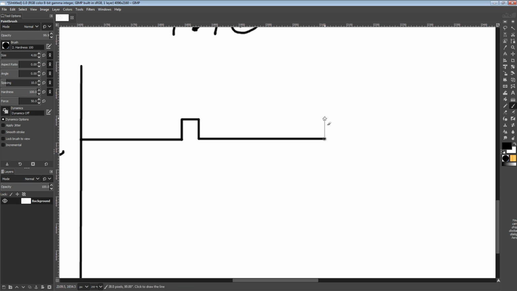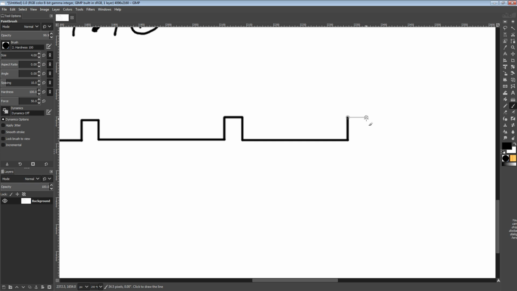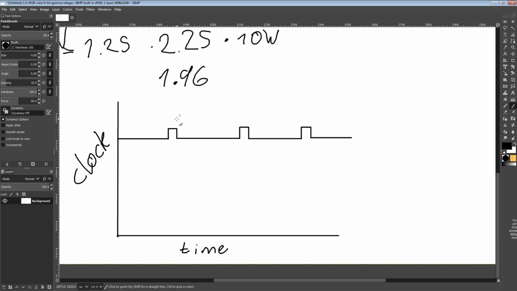And the reason I don't like this is, say on a second gen CPU, that's 4.35 gigahertz.